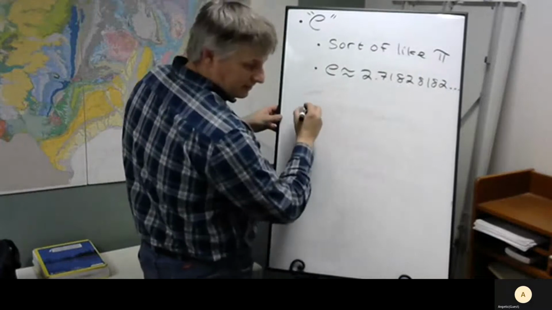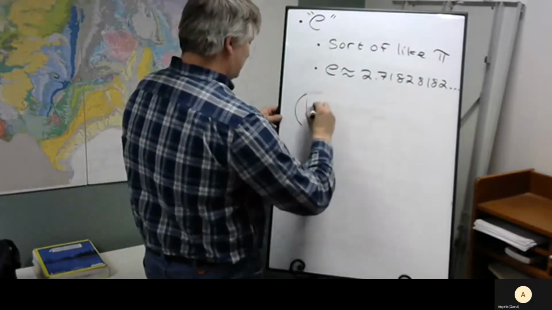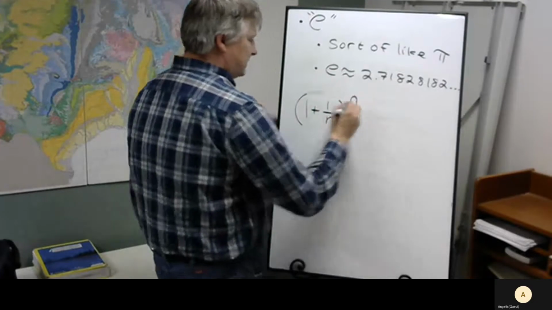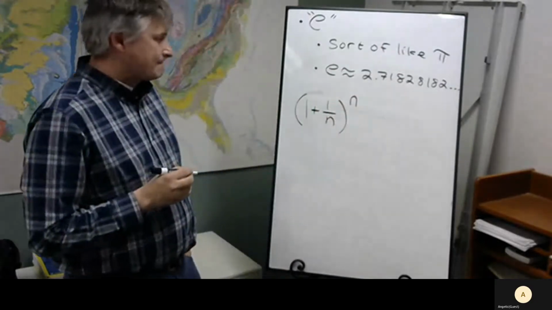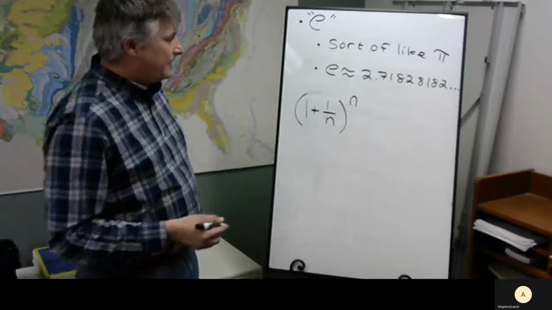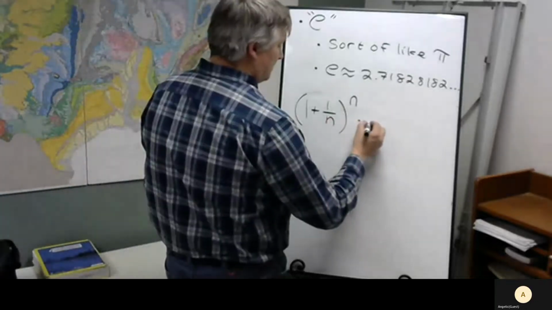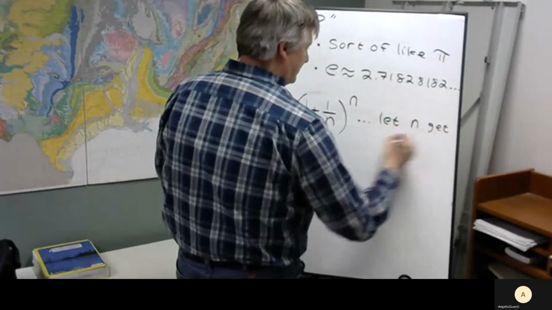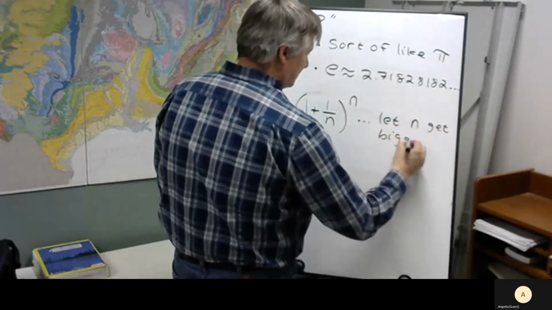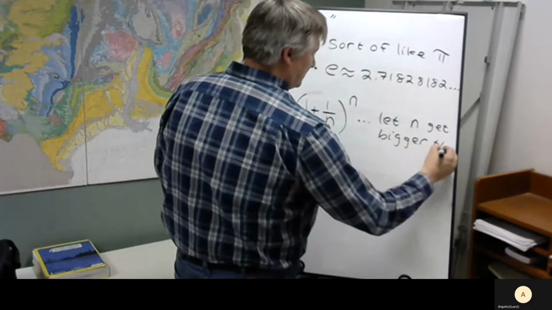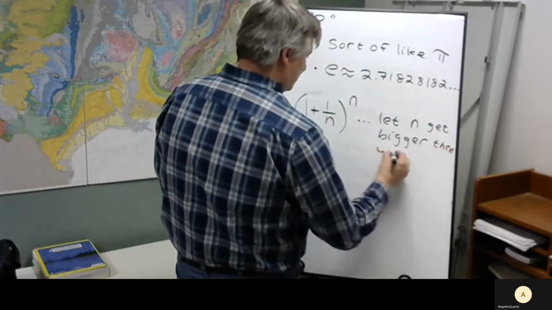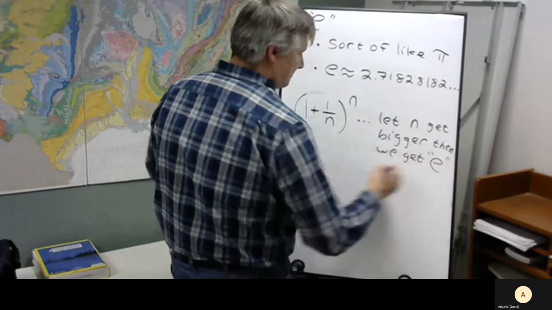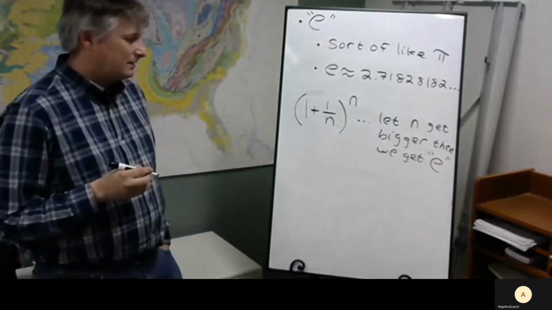Where it comes from is this. If we take 1 plus 1 over n, and we give it an exponent of n, and we let n get bigger, then we get e.